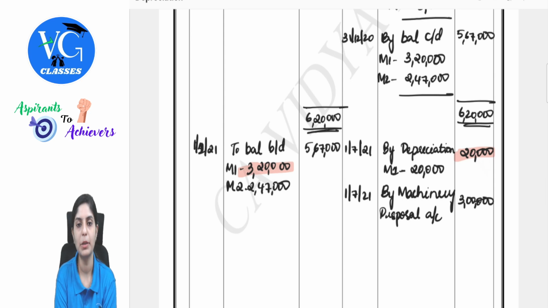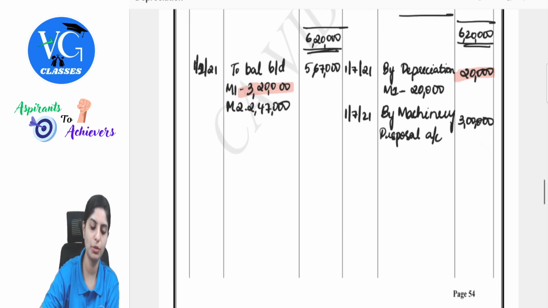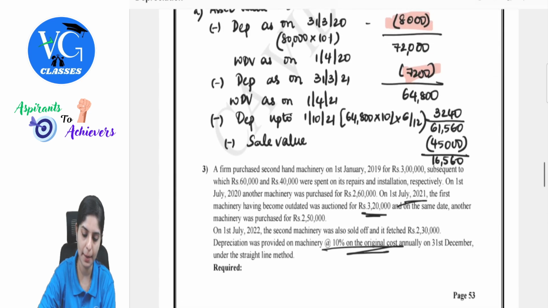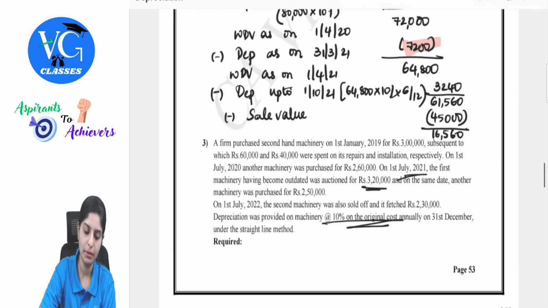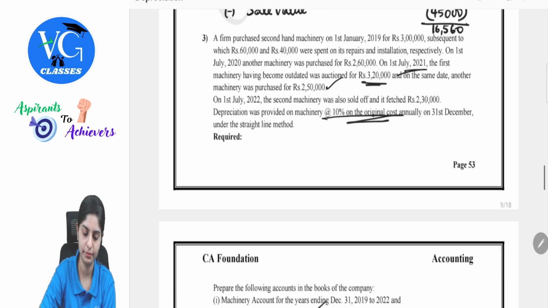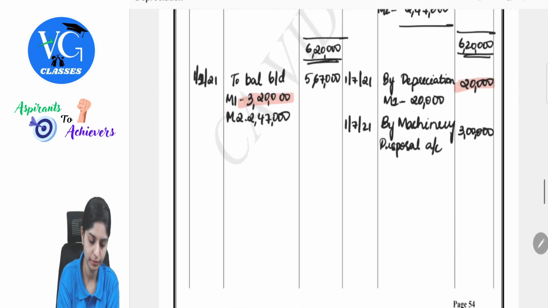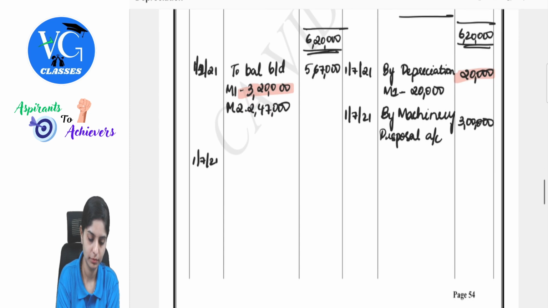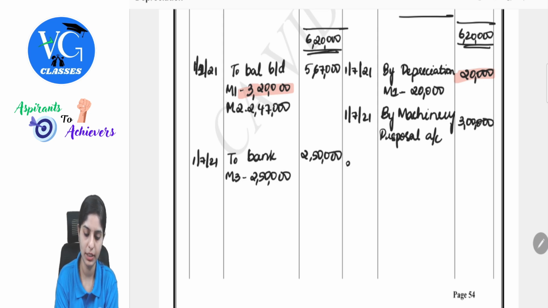So after treating machine number 1, there was also one more asset, machine number 2, and there was one transaction additionally. Another machinery was purchased for 2 lakh 50. So let's record the depreciation for these dates.